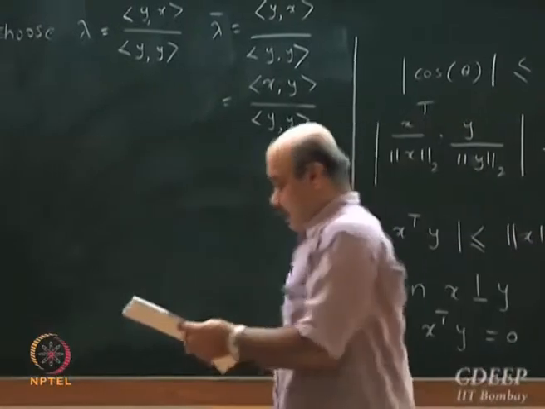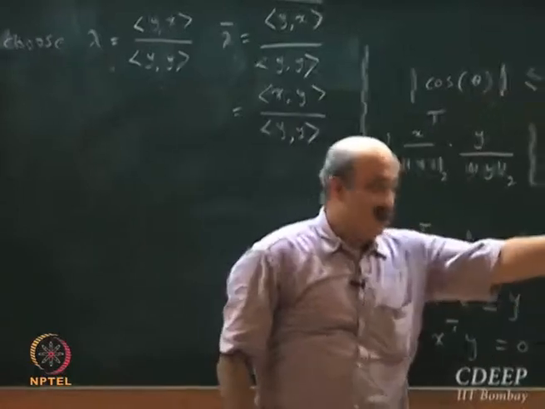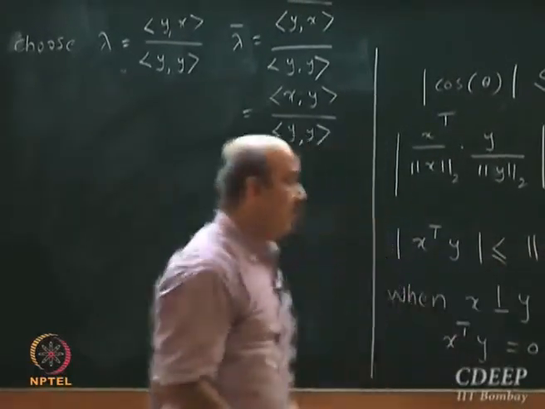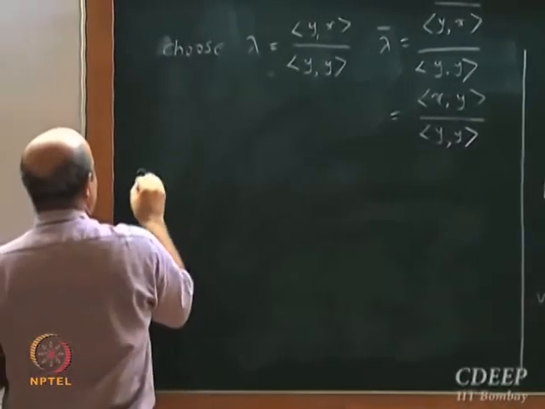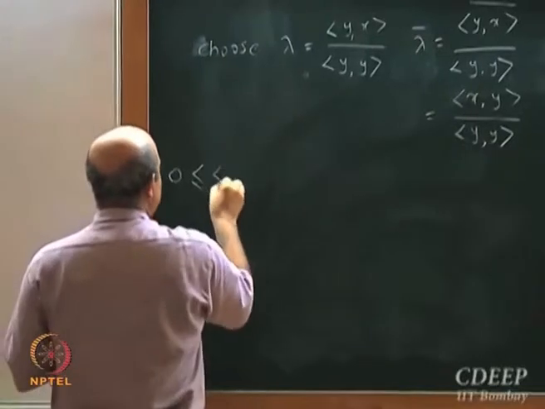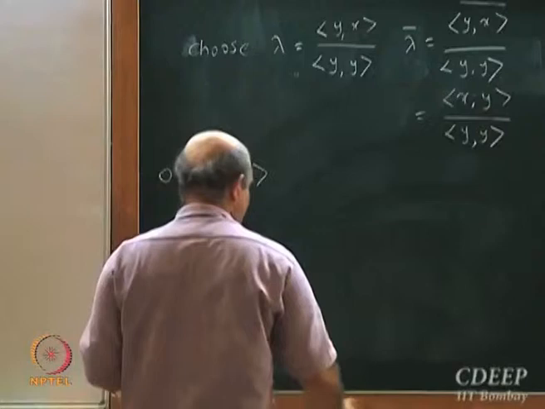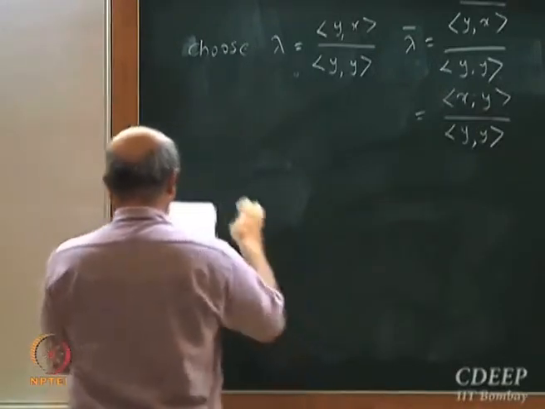Okay. Now I am going to substitute this lambda and this lambda bar in the inequality that we developed earlier. So using these lambda and lambda bar, I have 0 greater than x inner product x. Okay, before that let's do a little bit of work.